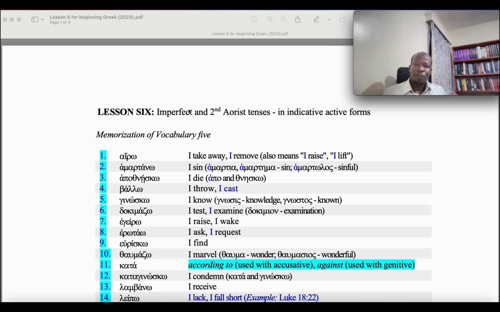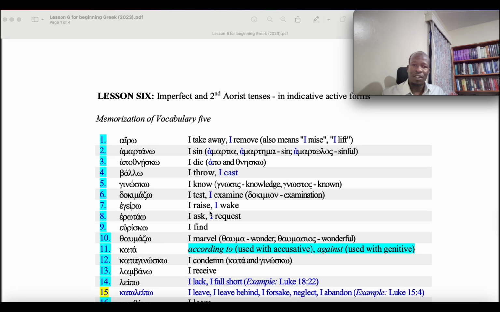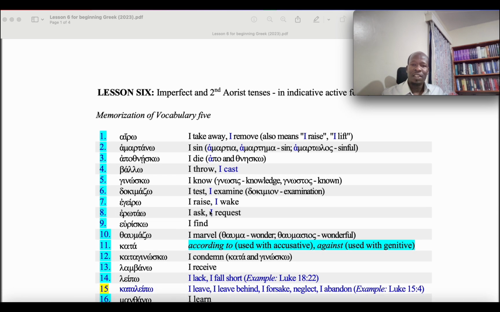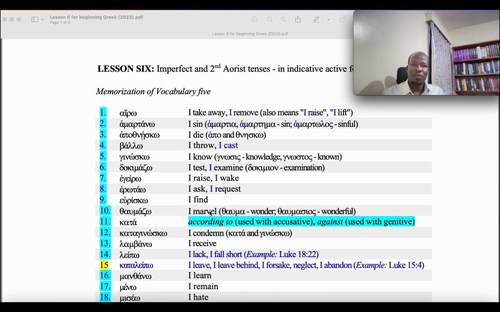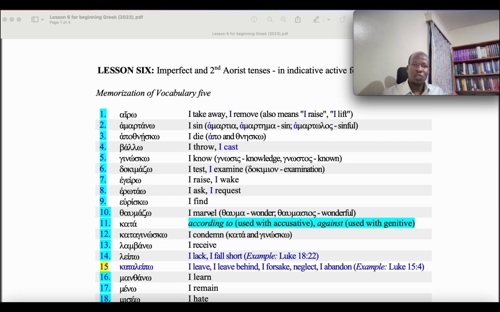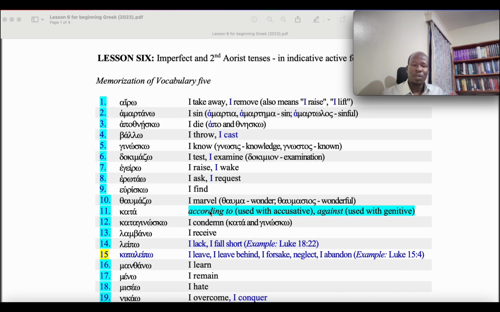So now, as we do in the usual case, let me start with vocabulary memorization. Here are the vocabularies for lesson 6.